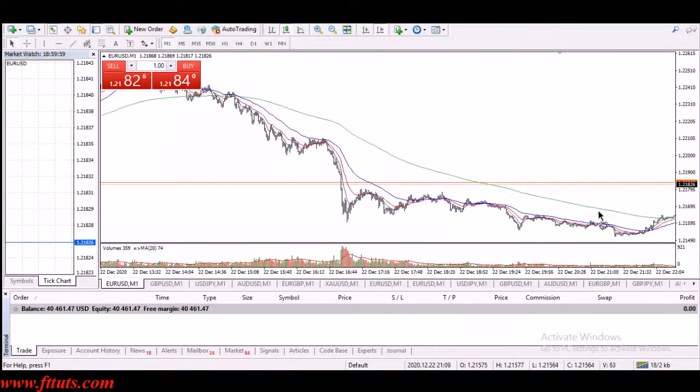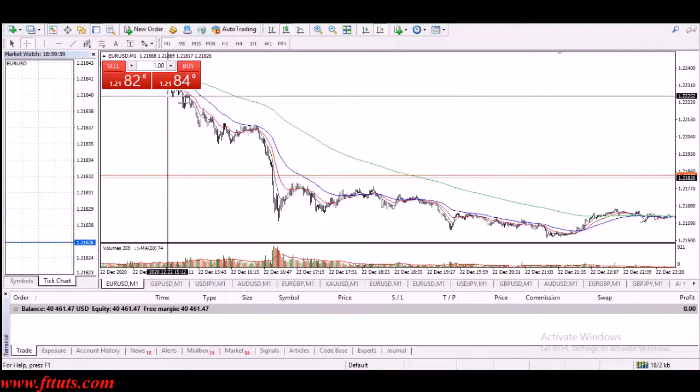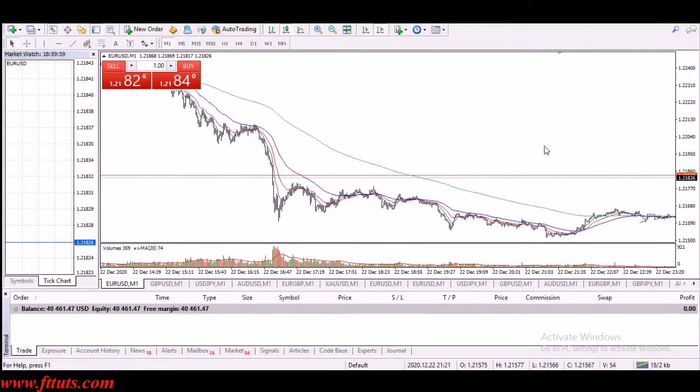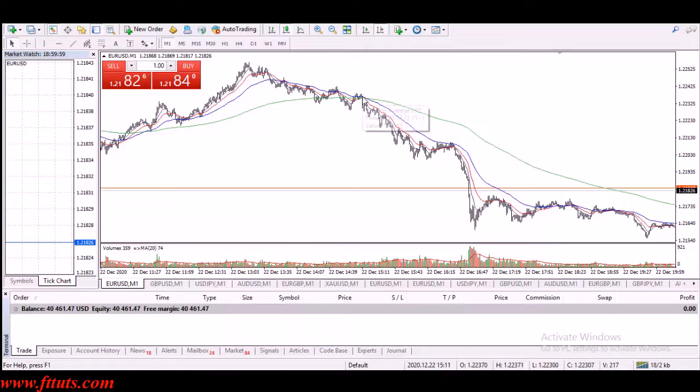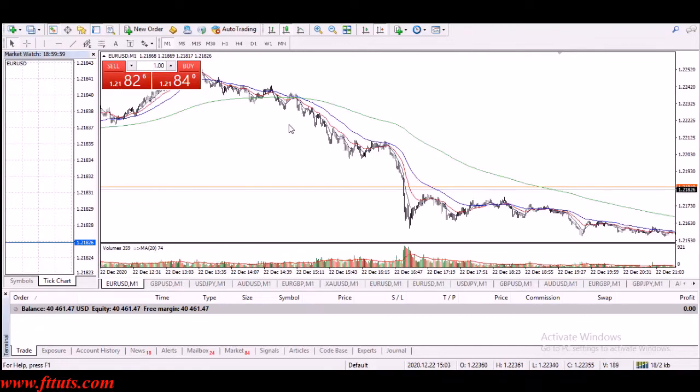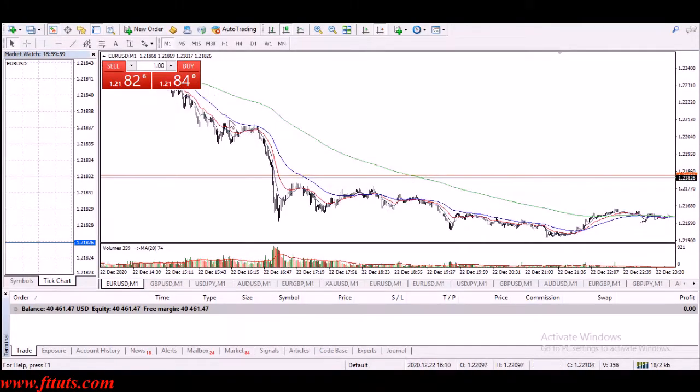Okay, very big one. Okay, that's perfect. Price was around 1.22300, and you have closed on 1.21600. Okay, so that's a lot, and you don't have just one sell order, you have too many sell orders.